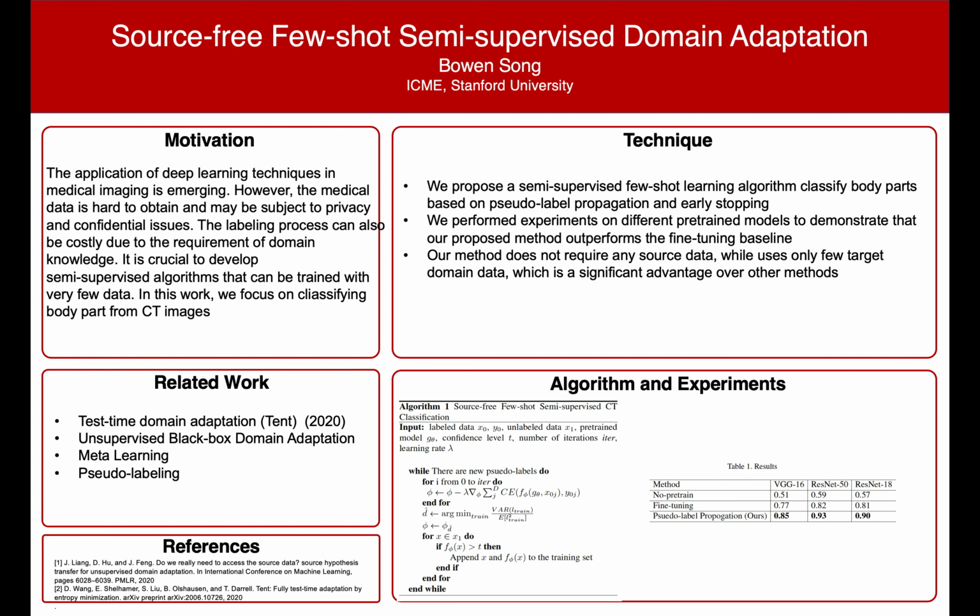However, it requires a large amount of test domain data to train. There is also traditional unsupervised black box domain adaptation. This algorithm does not require accessing the model parameters. However, it requires the source information.